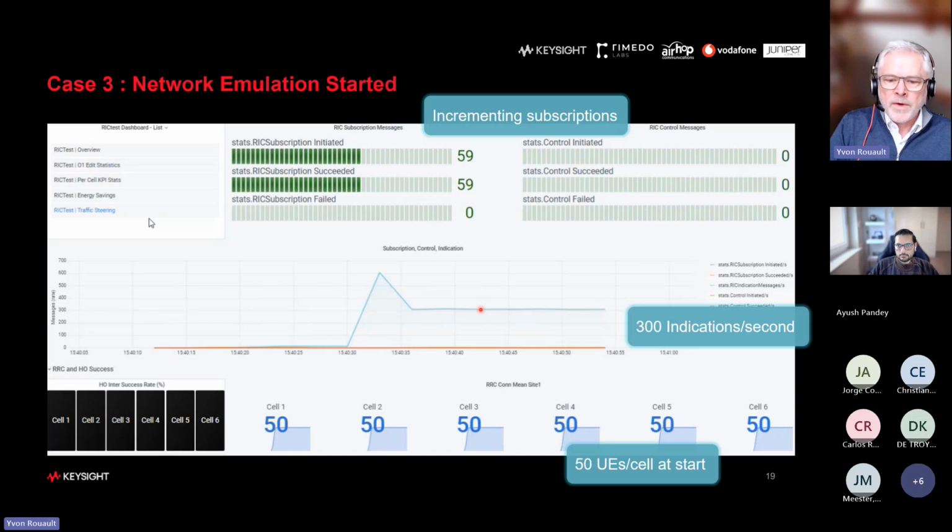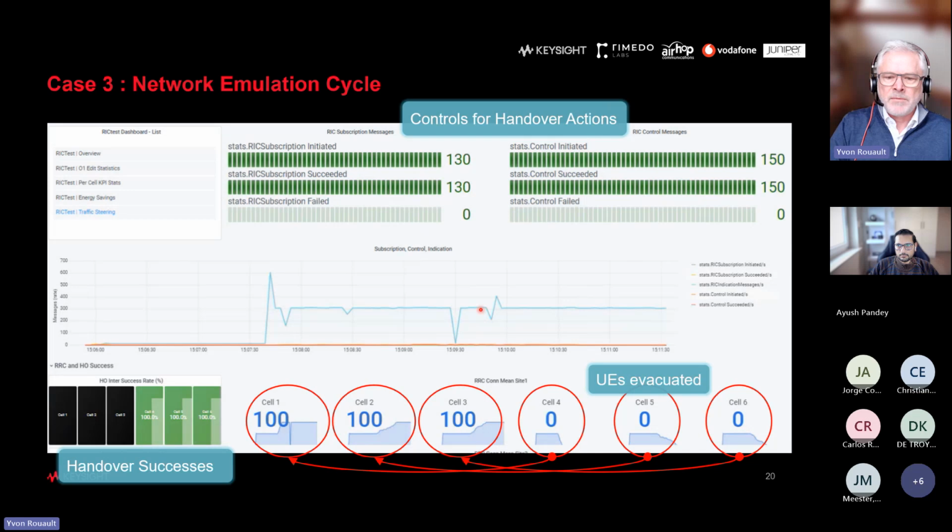And when we activate the energy efficiency mechanism, we will see over time that the UEs are detached from the small cells, and they are going to be attached or handed over to the macro cells.